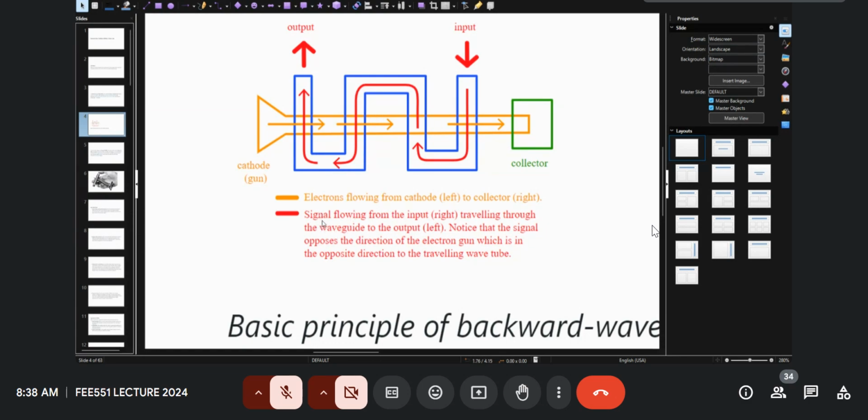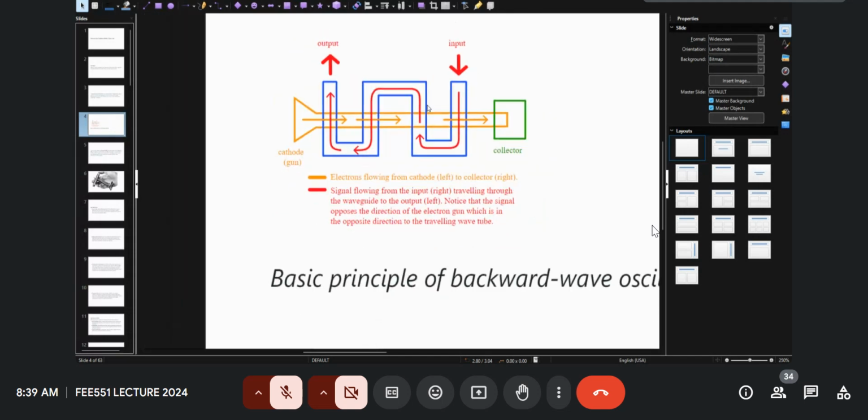And note the red signal flowing from the input, traveling through the waveguide to the output, and notice that the signal opposes the direction of the electron gun, which is in the opposite direction to the traveling wave tube.